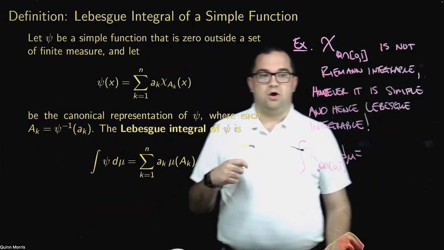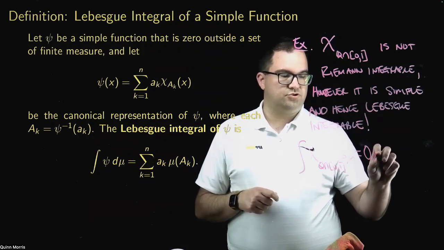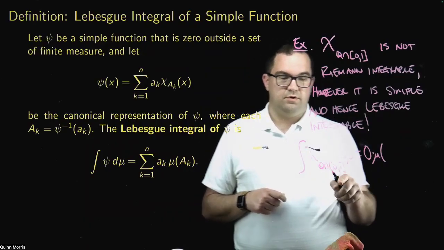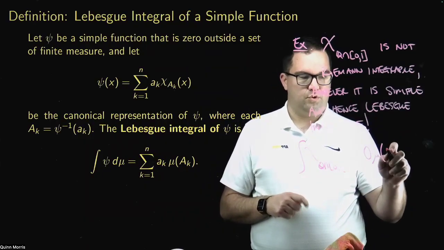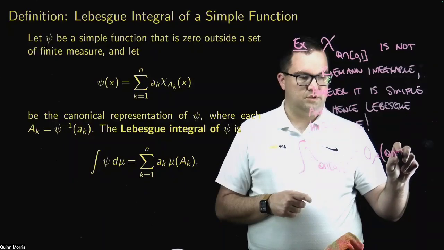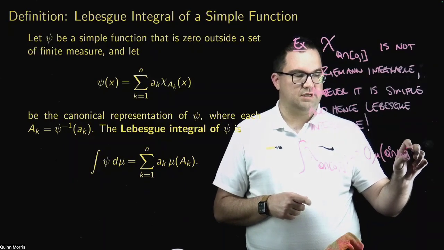So it ought to be 0 times the measure of this set where this has value 0. Well, this has value 0 on the complement, Q complement intersect 0, 1.